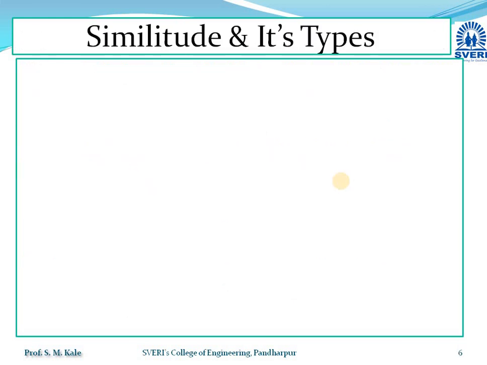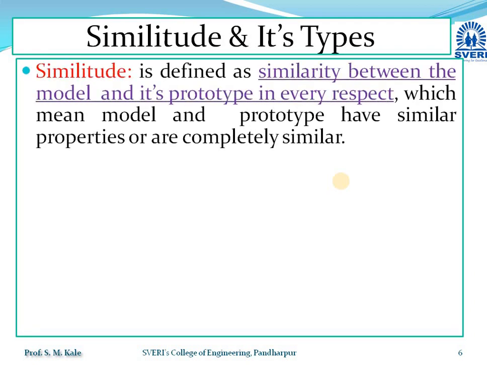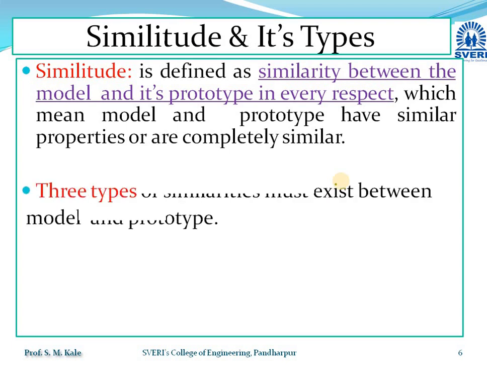Now, similitude and its types. Similitude is also called similarity between model and prototype in every respect. It is defined as a similarity between model and its prototype in every respect, which means model and prototype have similar properties or are completely similar.